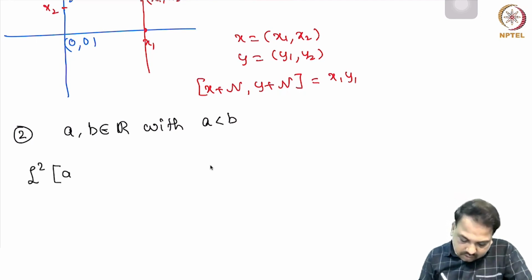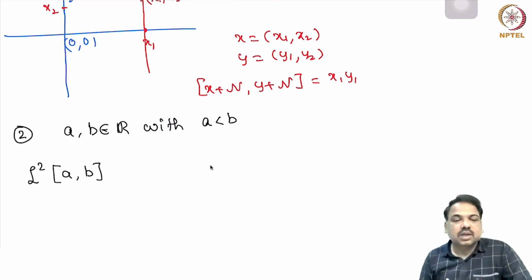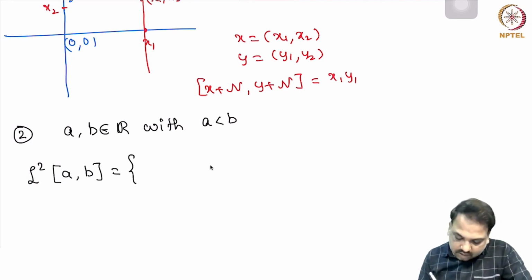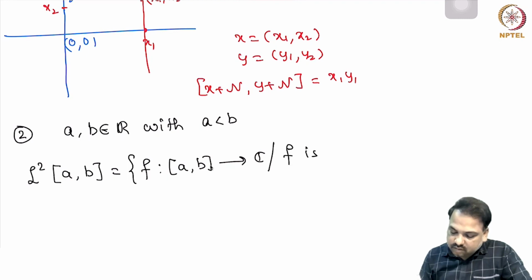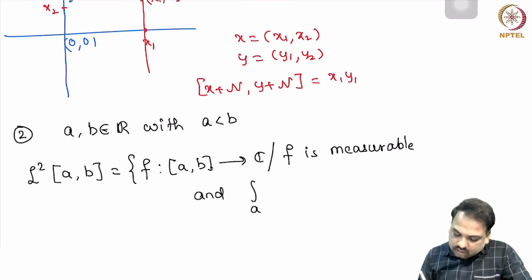Define script L2 of [a, b] as the set of all functions from the closed interval [a, b] to C such that f is measurable and the integral from a to b of mod f square d lambda is finite.